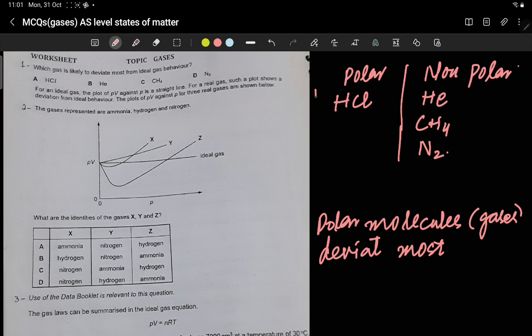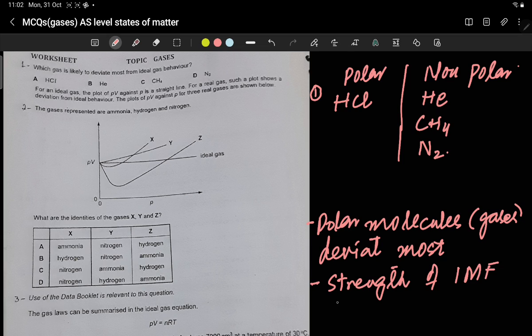Second, first identify the polar and non-polar molecules, and we know that polar molecules deviate most. Second is the strength of IMF, intermolecular forces.